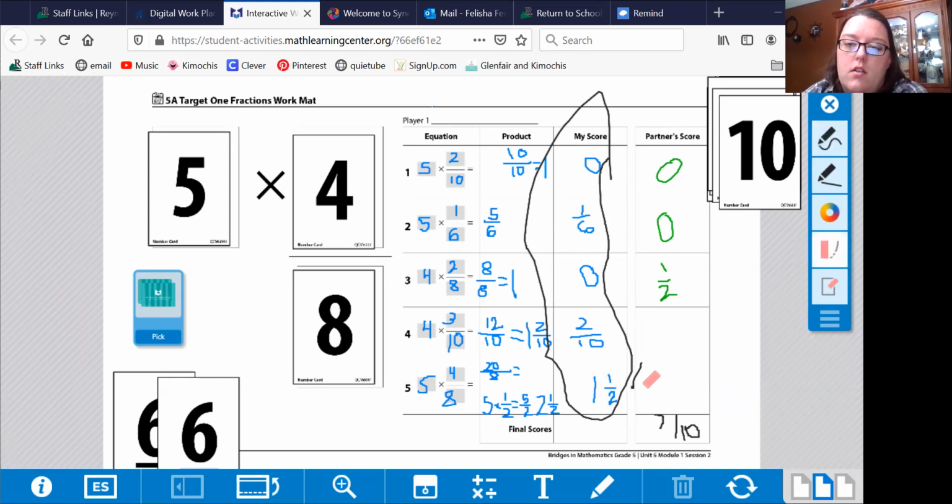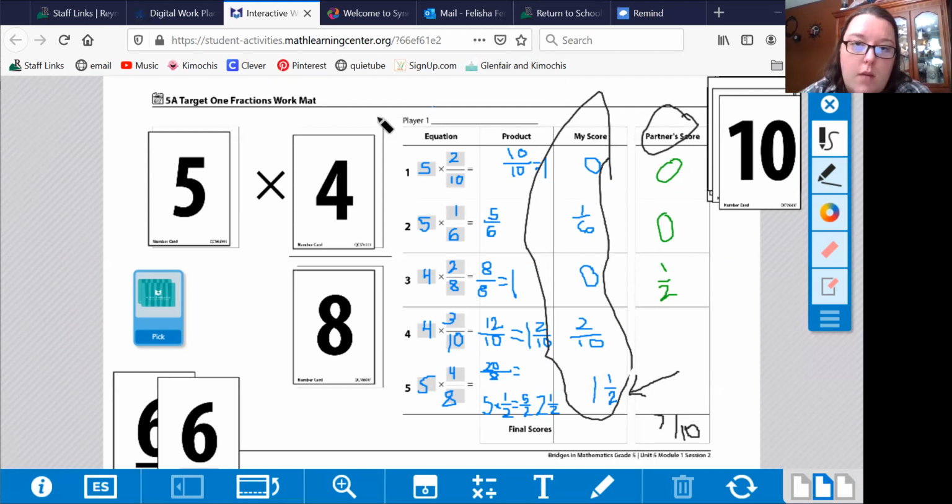Let's try that again. I don't need to go through all the work of adding it up because that score right there of 1.5 is already higher than the 7/10. The green didn't even get to 1. This has 1.5 plus this fraction plus that fraction. So I already know that the green is the winner.